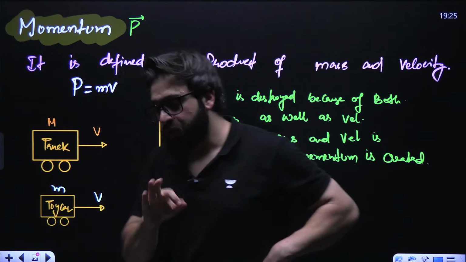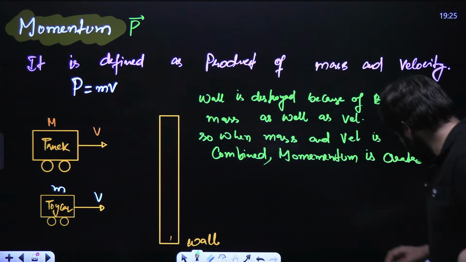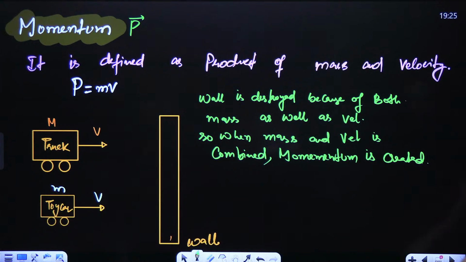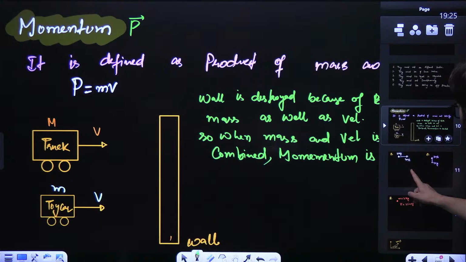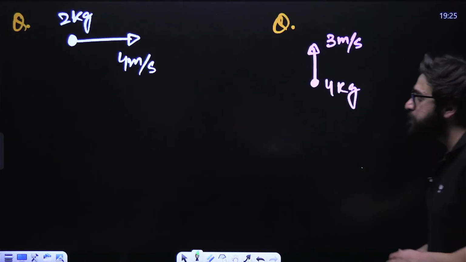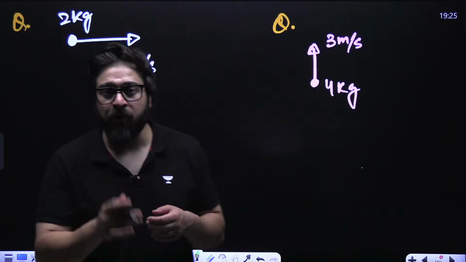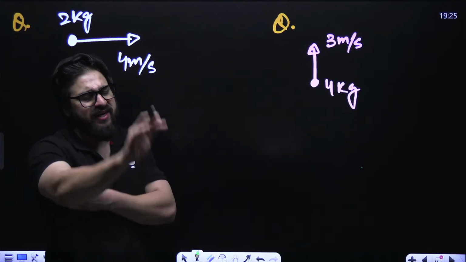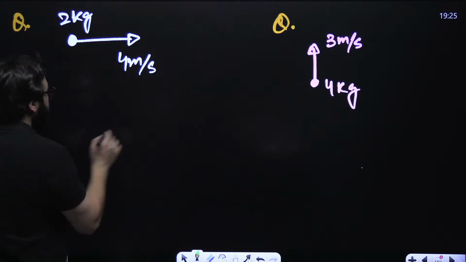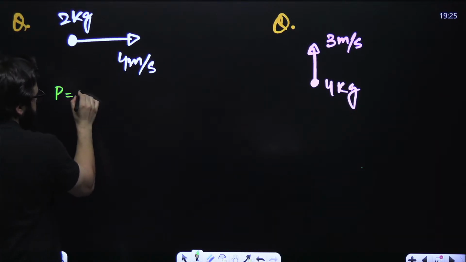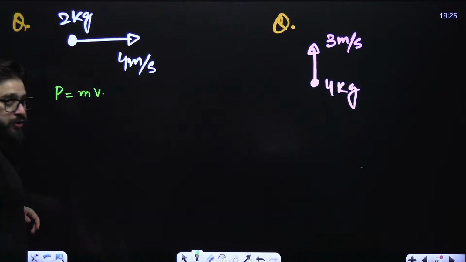Now guys, listen to me very carefully. When it comes to the momentum of a body, it is the product of mass and velocity. So momentum is simply mass into velocity.